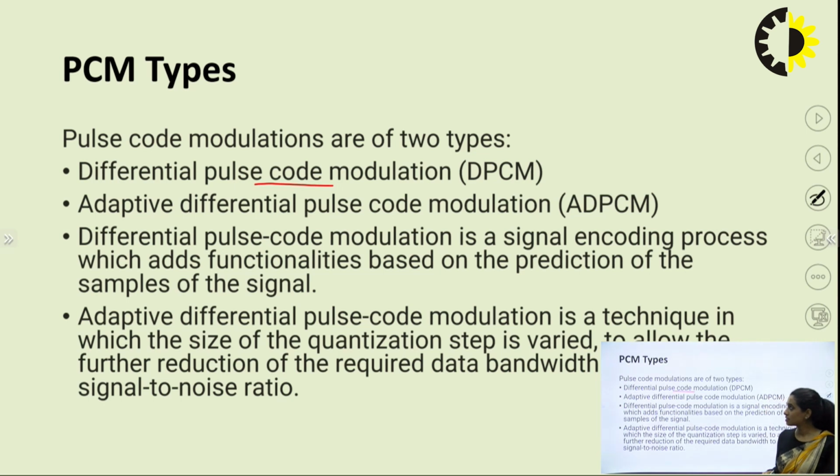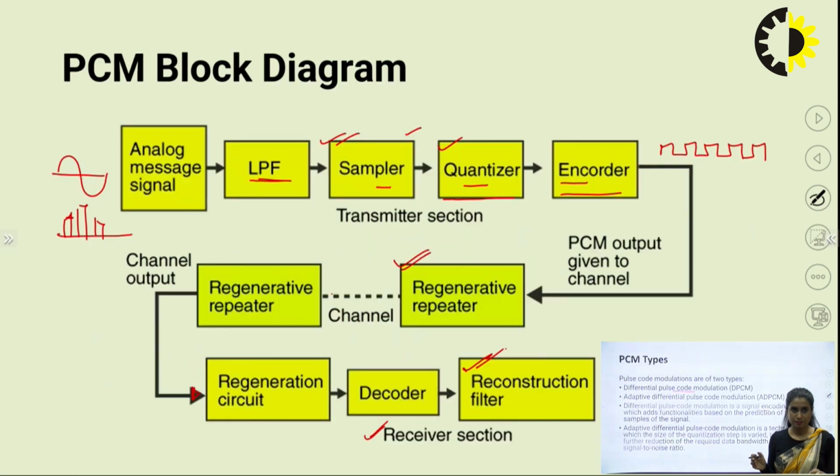I can classify pulse code modulation into two advanced versions: differential pulse code modulation and adaptive differential pulse code modulation. In differential pulse code modulation, we use some memory element and we do modulation. Let's see how it is done.